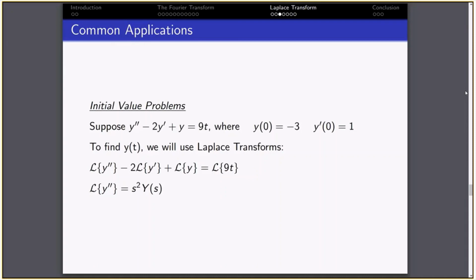The main thing to note is that capital Y of s is what you are ideally solving for, because once you have that component, you can use the inverse Laplace transform and apply it to end up with the original function y of t.